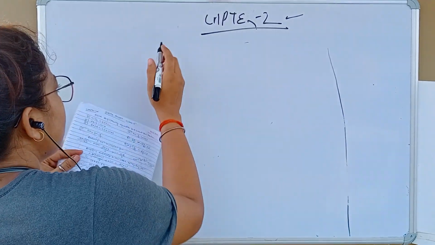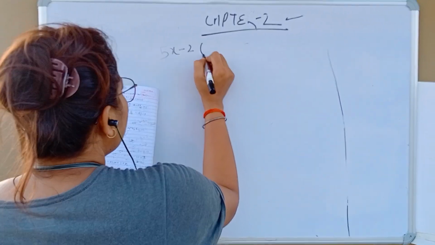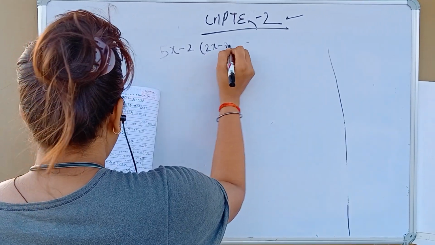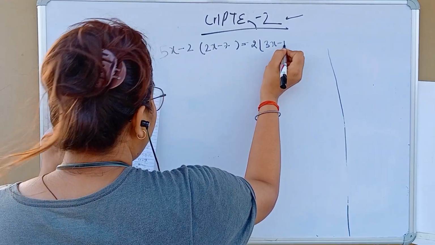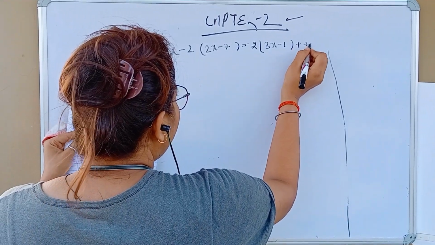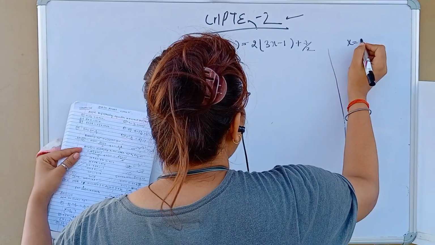So here question is 5x minus 2, 2x minus 7 is equals to 2, 3x minus 1 plus 7 by 2. So what we do? Put x is equals to 5 by 2 in the solution.